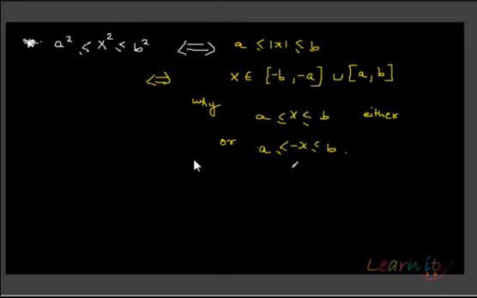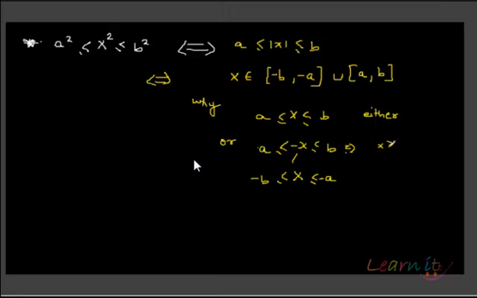Now minus x lies between a and b can be taken as x lies between minus b and minus a. The inequality actually changes, because taking the minus sign all together, making x positive, the inequality will change.